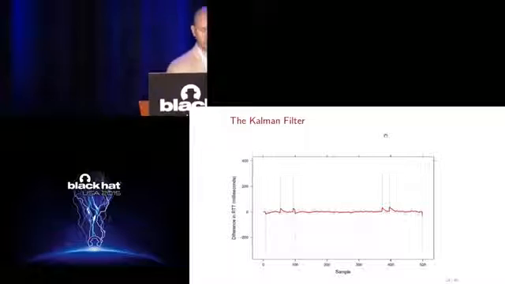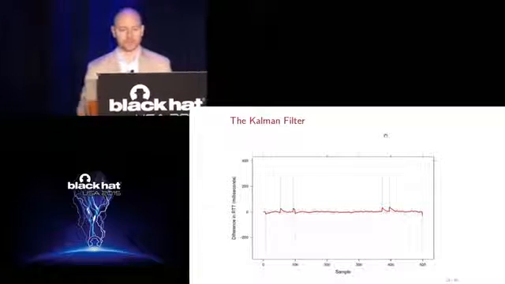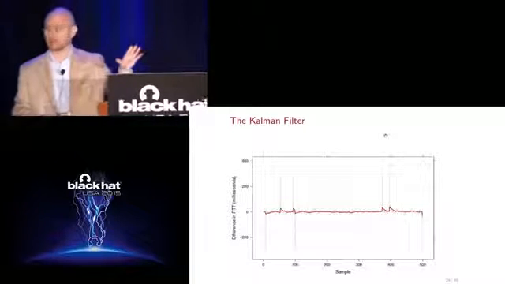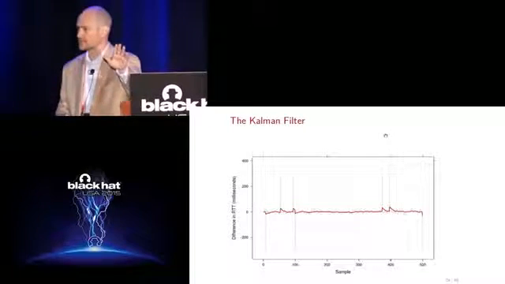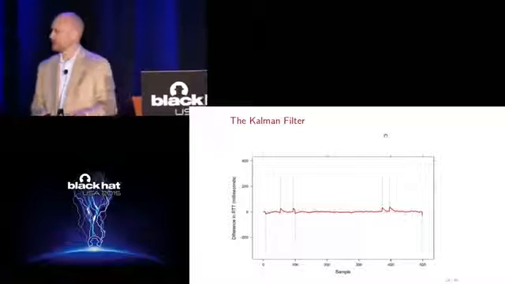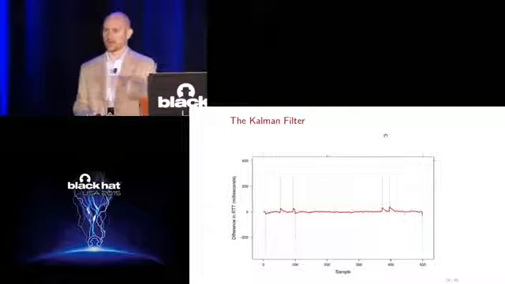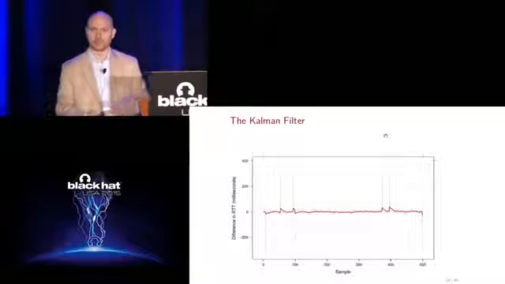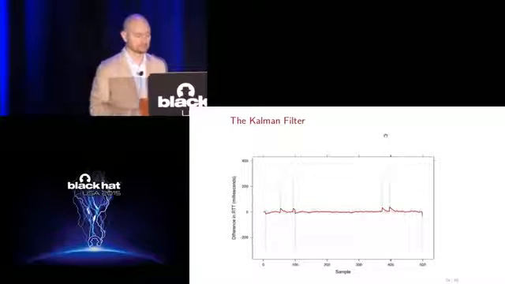You can see across those 500 samples that the Kalman filter did smooth out those spikes, but it left them in because the idea is that those spikes have information in them. But we don't want to take them at face value. We want to control for the fact that they are extreme outliers.